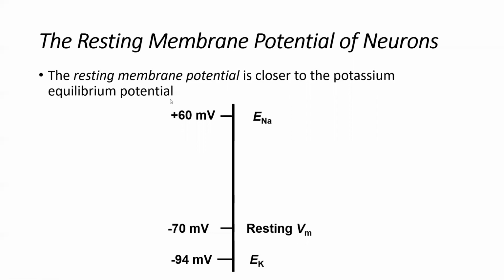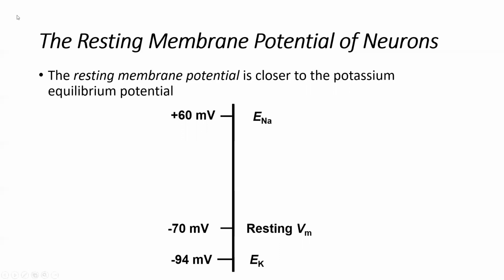So the difference here represents the force with which sodium wants to move, okay? So the difference between the equilibrium potential of the ion and the resting membrane potential is the force, or the degree to which that ion is going to want to move to get to equilibrium, okay?